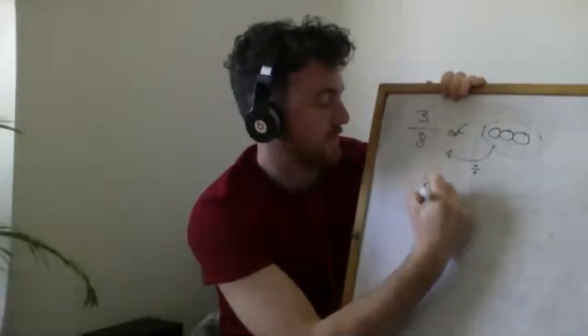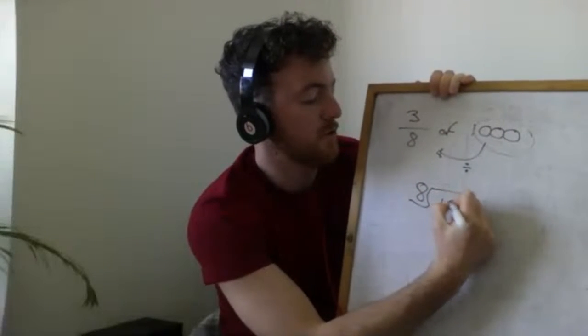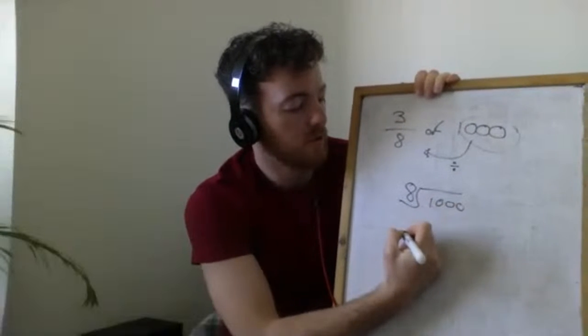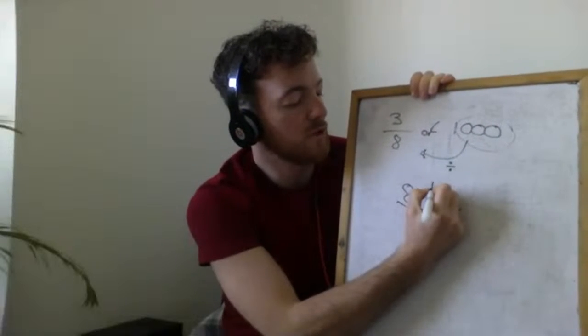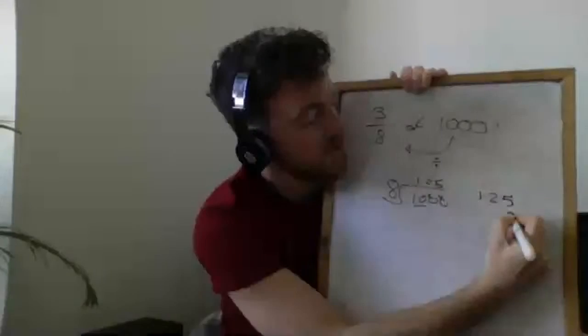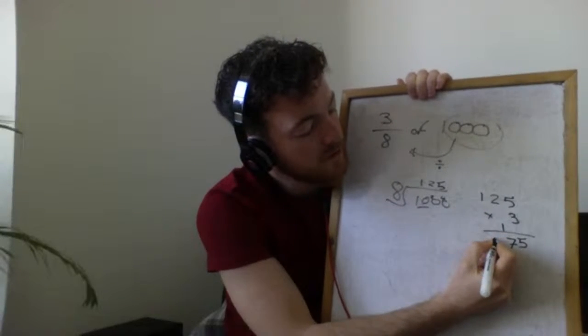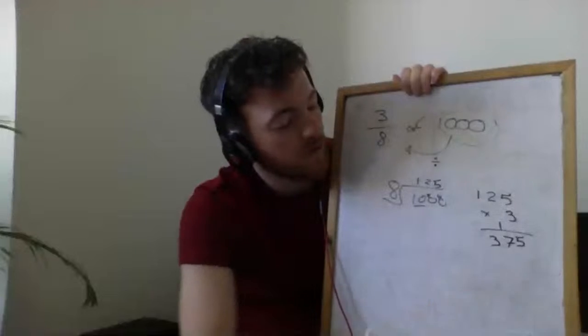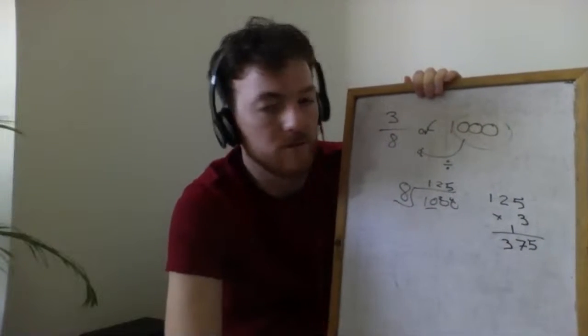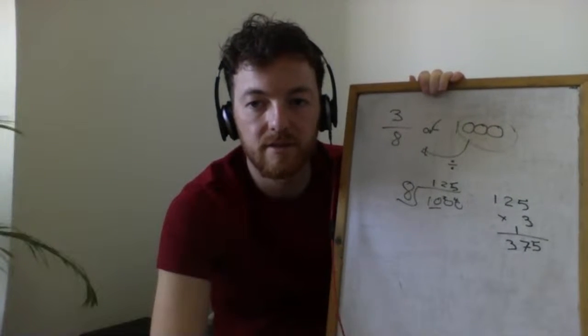So there's my 8. Into the bus stop goes 1,000. 8 into 1 doesn't go. 8 into 10 goes once, and 2 gets carried over. Multiply it by 3. 3 times 1 is 3. 375. Okay, so that's what the 3/8 equals.